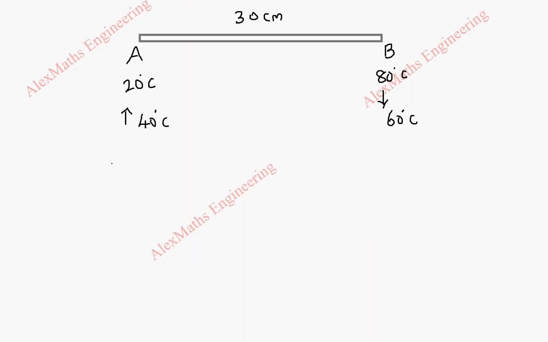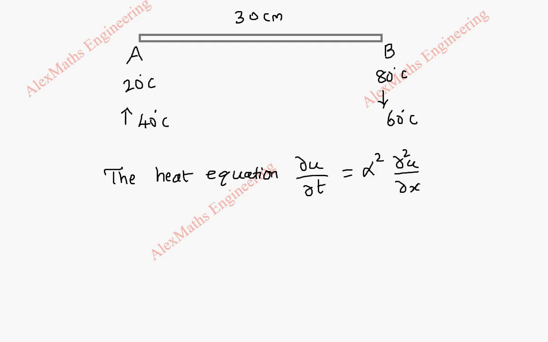Now the heat equation is dou U by dou t equal to alpha square dou square U by dou x square.